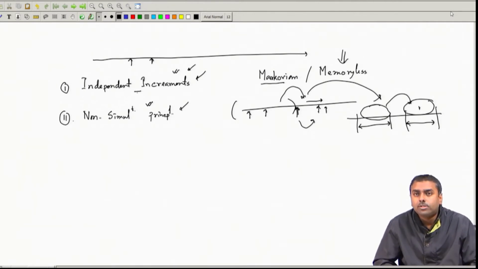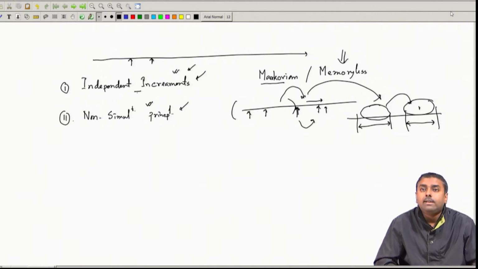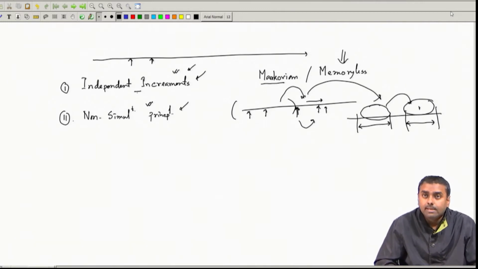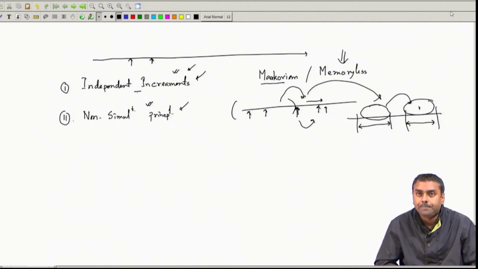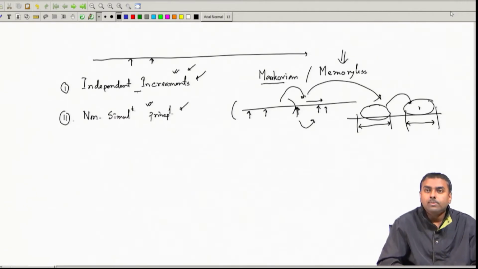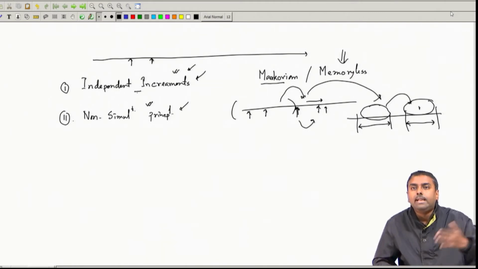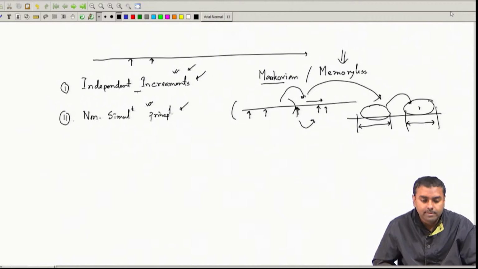The second principle is not so fundamental probably, but for this Poisson process it is absolutely required. It says that in a description, things of the future depend only on the present and do not depend on the past. Okay. Just from these two definitions we will derive the Poisson process. That is the strength of this particular process.